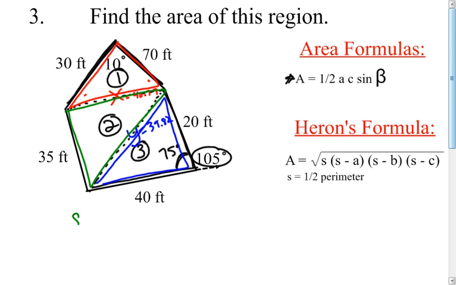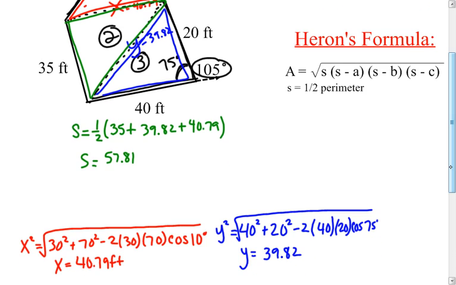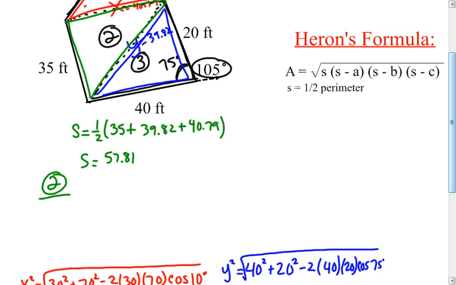So first of all, to use Heron's formula for that triangle, you need to find S. And S, of course, will be 1/2 of the perimeter, which is 35 plus 39.82 plus 40.79. And when you type that in, S comes out to be 57.81. Okay, so I've gotten that far. Now to do area 2 here, I'm again going to use Heron's formula.